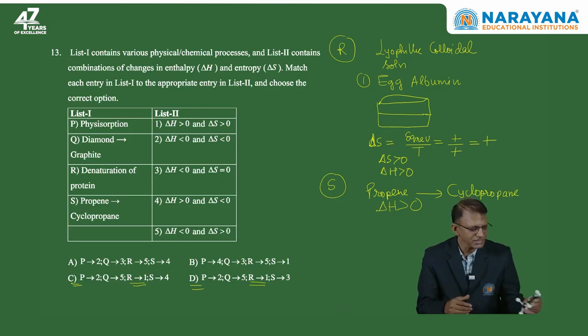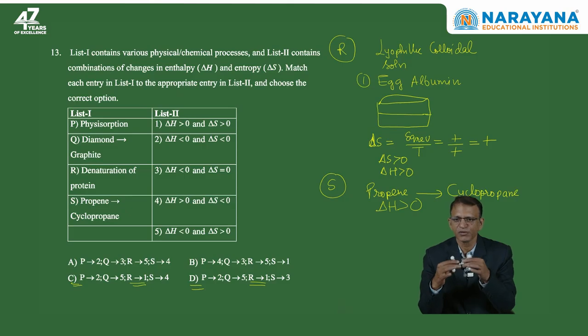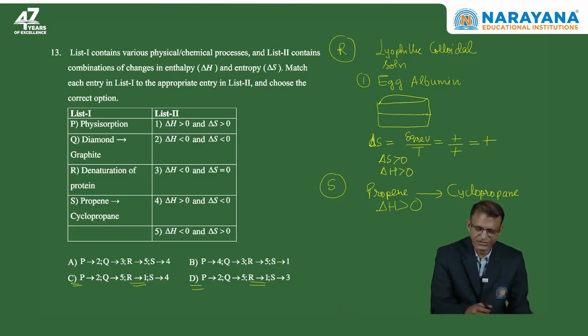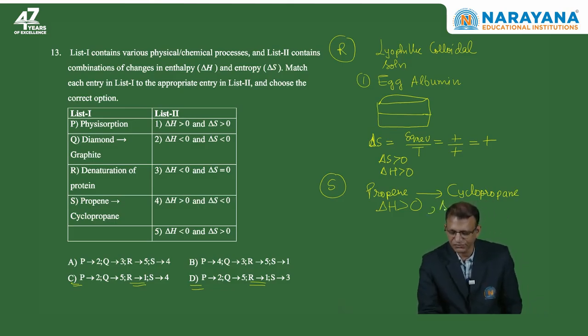As soon as it is converted into a cyclopropane molecule, these bonds are locked now, they cannot rotate, so the freedom of this molecule is less, right? So because of this cyclization, the entropy is going to decrease. So we can say that the entropy change for this process will be negative.